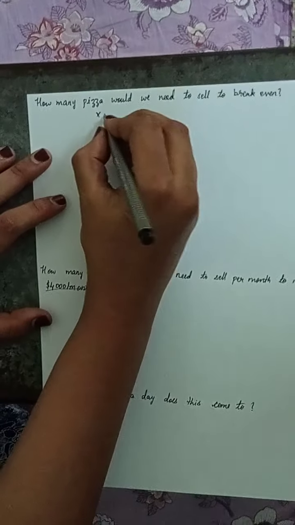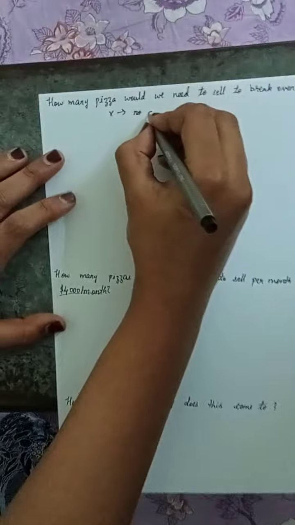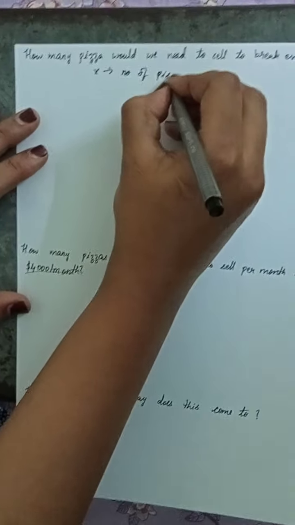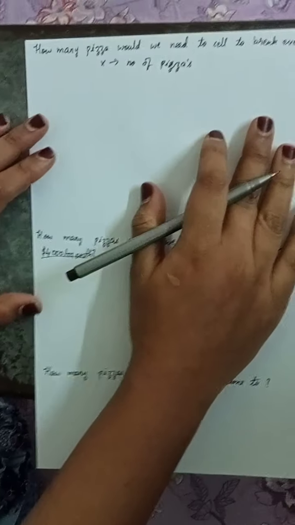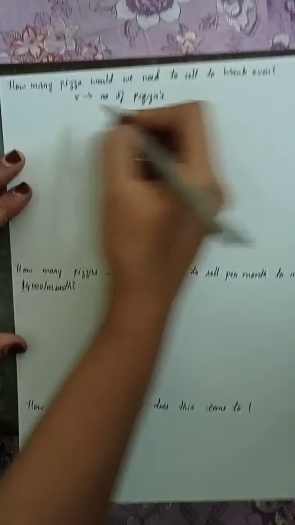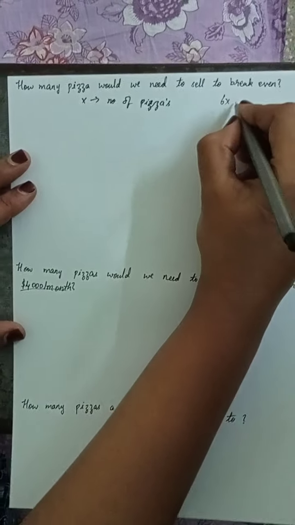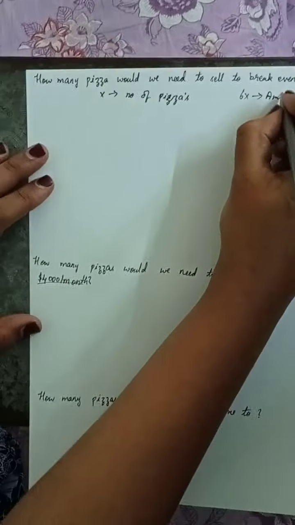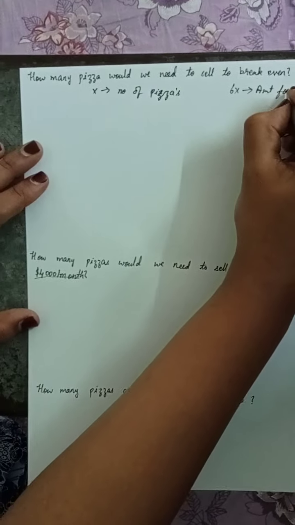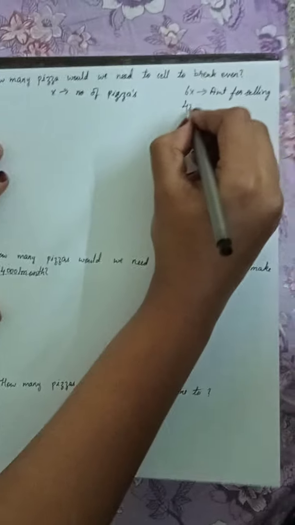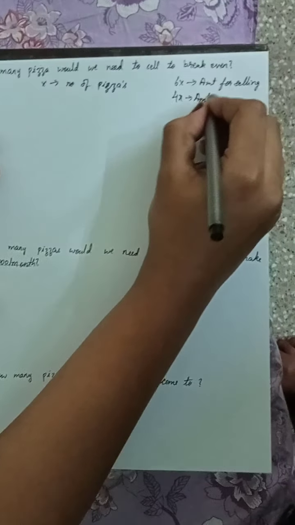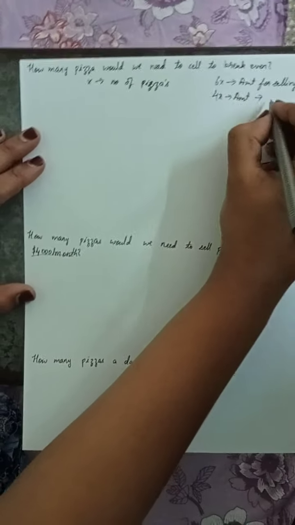So now let me consider x as the number of pizzas. So now 6x is the amount for selling. 4x is the actual amount that we need to make.